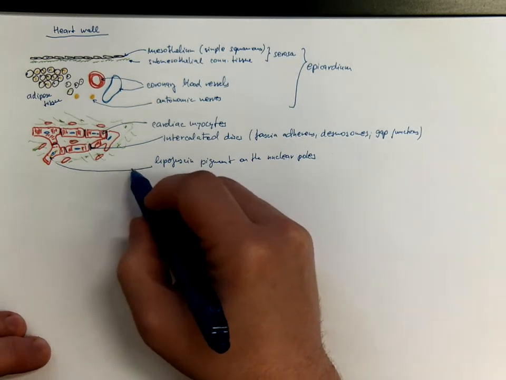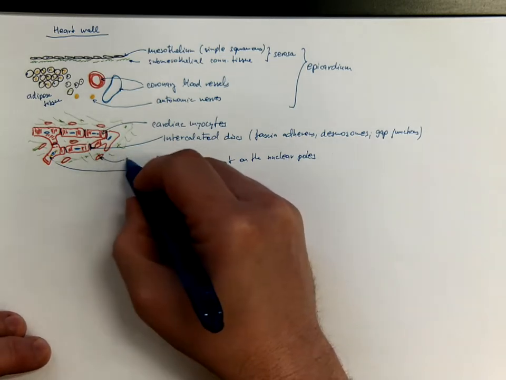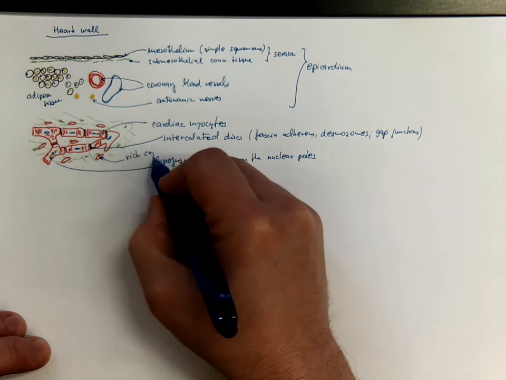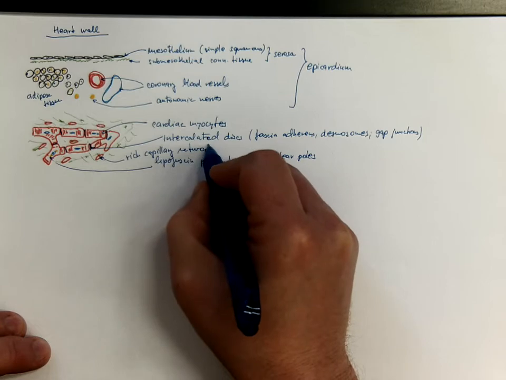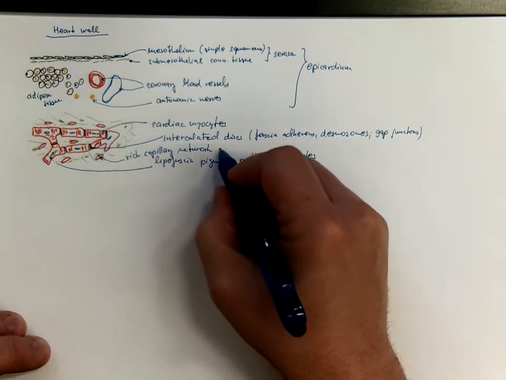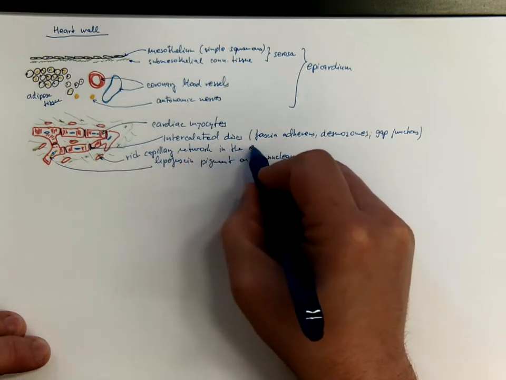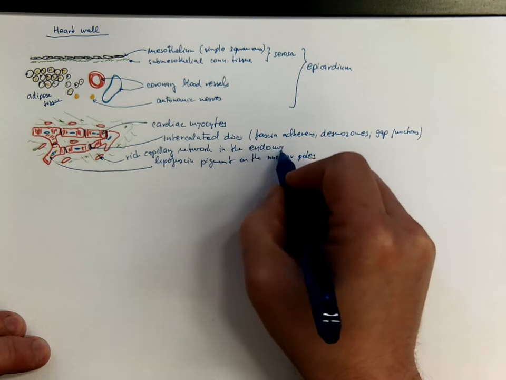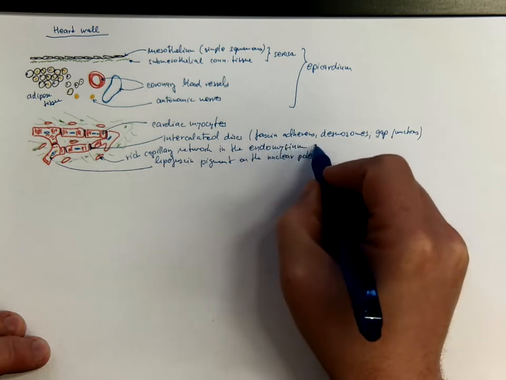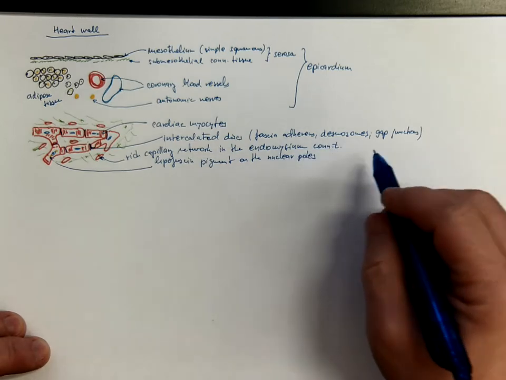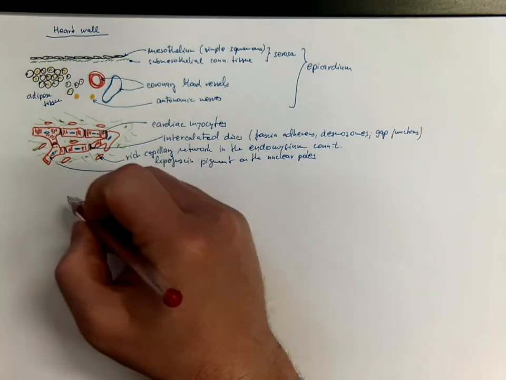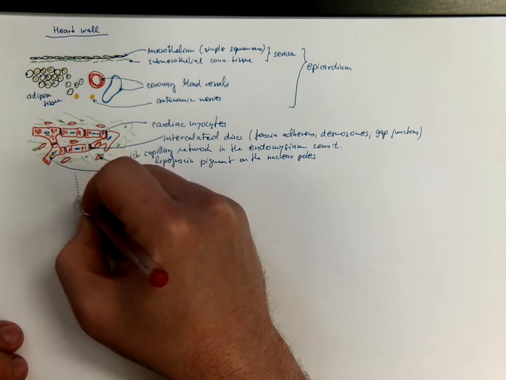And there is this rich capillary network in the connective tissue called endomysium. This myocardium layer might be very thick.